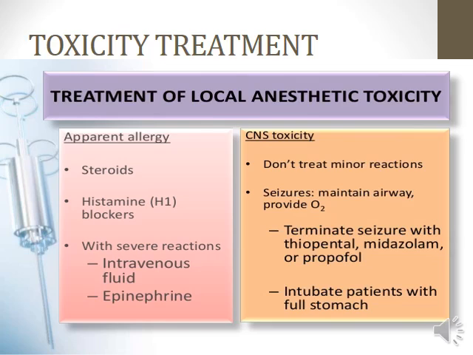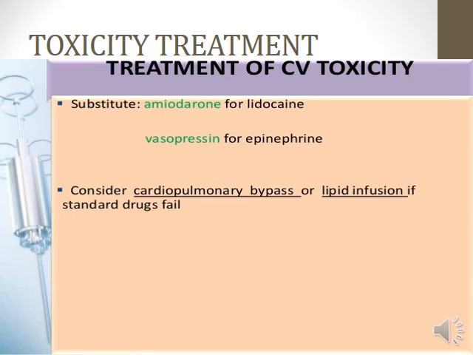Now we'll move to the next slide, in which we will discuss the treatment of CVS toxicity. We know that first the apparent allergy occurs, then the CNS toxicity occurs, and after that the CVS toxicity occurs.